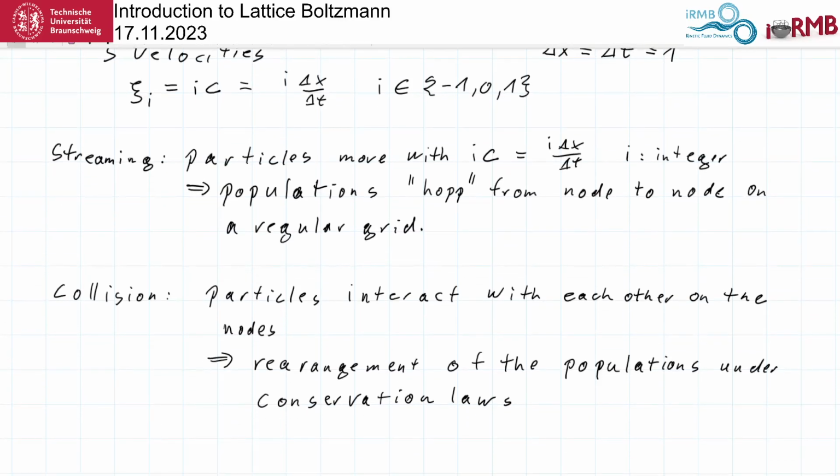Which means the conserved moments at this node stay the same, whereas the non-conserved moments change.